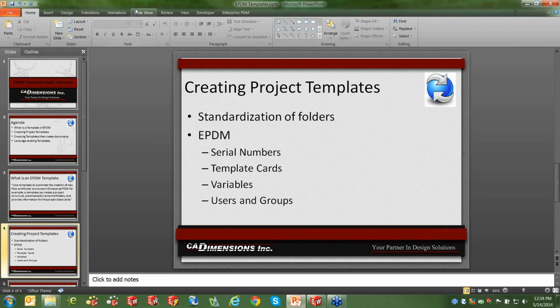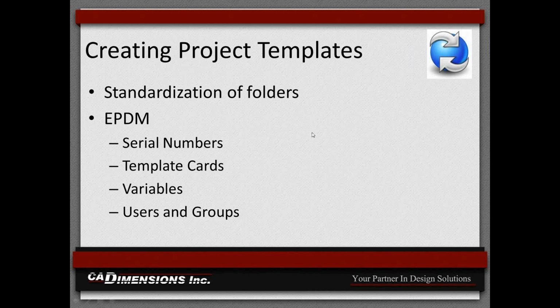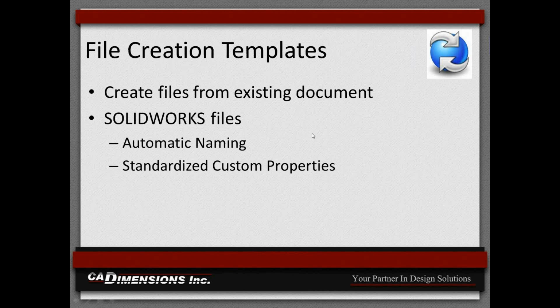Okay, let's continue down this path a little bit and talk about the next use case. The next use case is probably going to be the first or the second way that you're going to initiate templates, and it's really tying it into SOLIDWORKS and using templates in Enterprise PDM to initiate and kick off SOLIDWORKS files, whether they're parts, assemblies, or drawings.